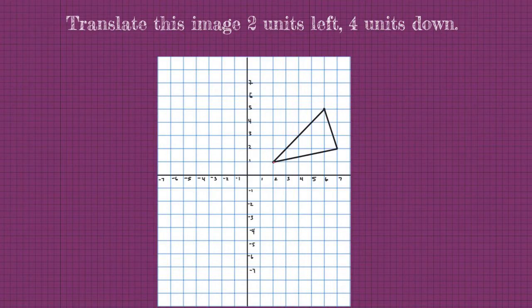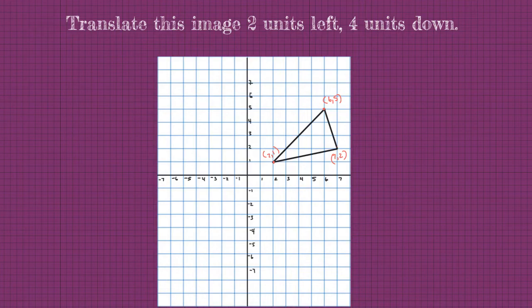So the first corner is (2, 1), then (6, 5), and the last one is (7, 2). Now whenever we want to do units to the left, you're going to be subtracting from the x coordinates.